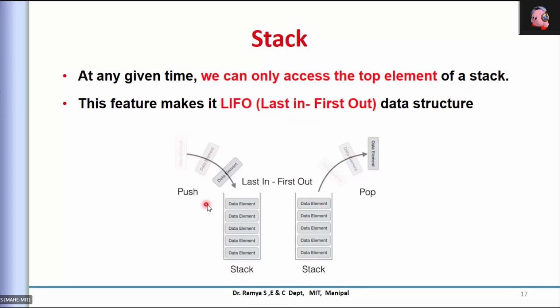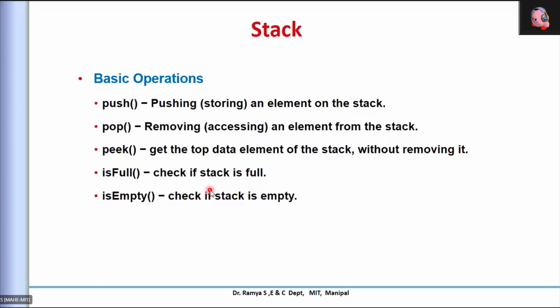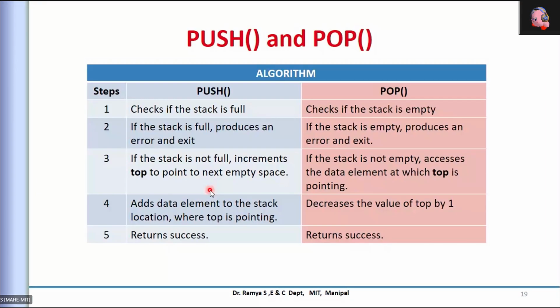Initially the top, where you want to insert, is given by the variable called top, so it will be pointing at this position. Once you have inserted, top is incremented by 1. If I want to insert one more, then top will be at the position where you want to insert. That is what it is doing here.